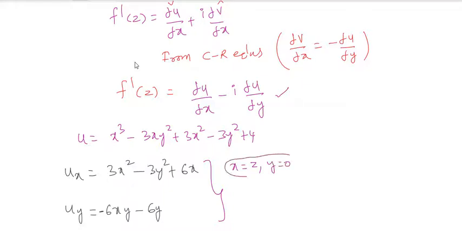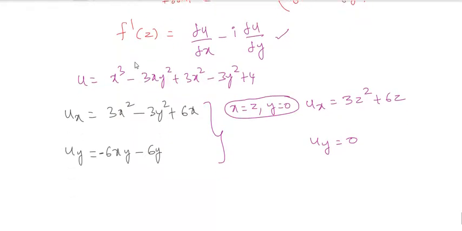So after substituting, ux will be, with x as z and y as 0, 3z square plus 6z. y is 0. Am I right or not? Then similarly uy, both terms have y, so this will be 0.